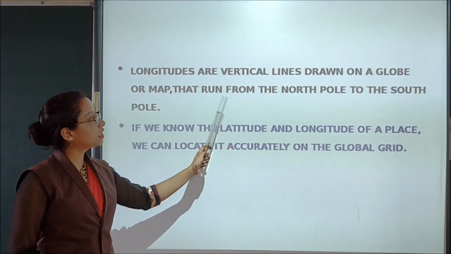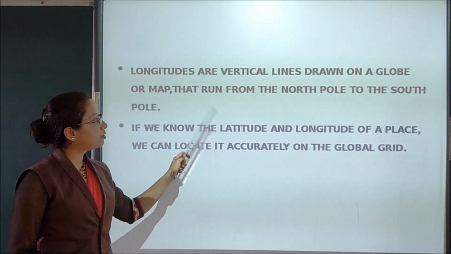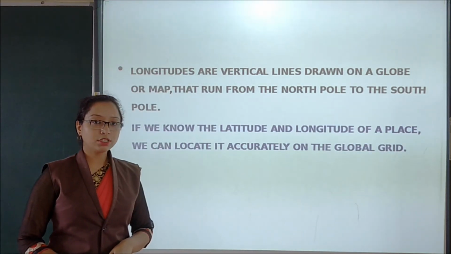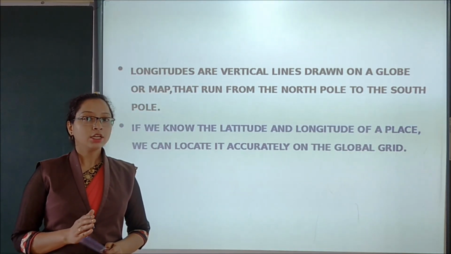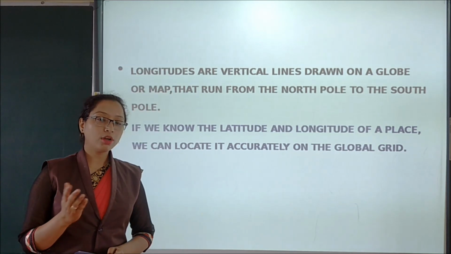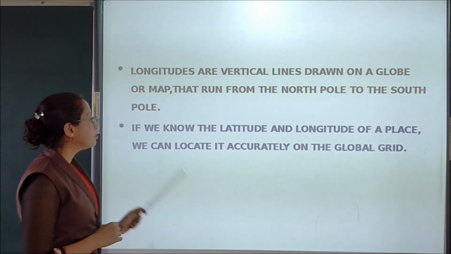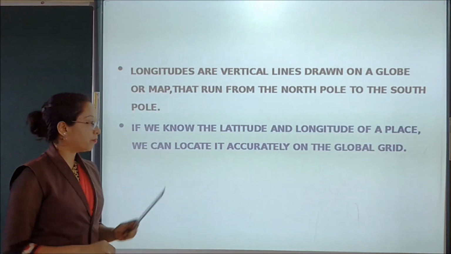Longitudes are vertical lines drawn on a globe or map that run from the North Pole to the South Pole. So this also we have studied, that longitudes are vertical lines drawn on the globe or map to study about the earth, and they go from the North Pole to the South Pole.